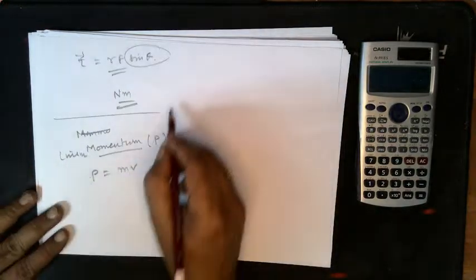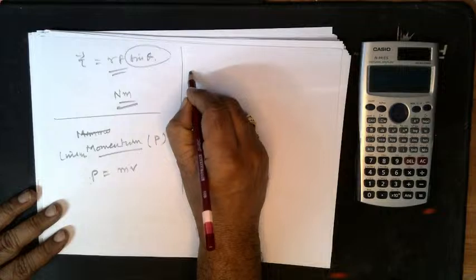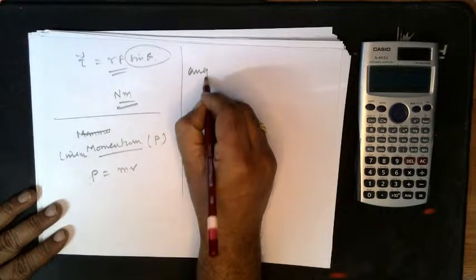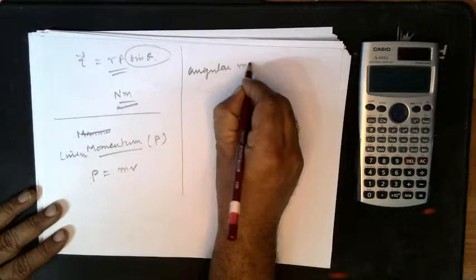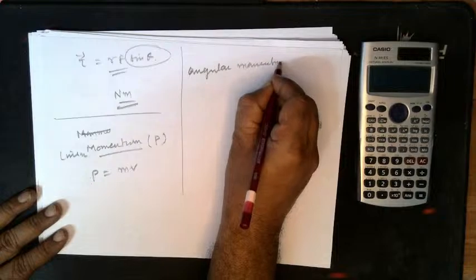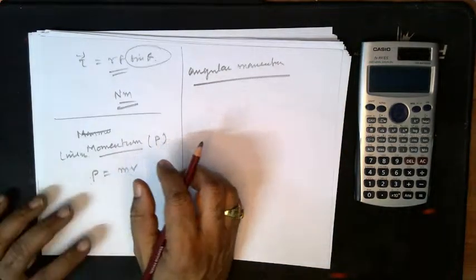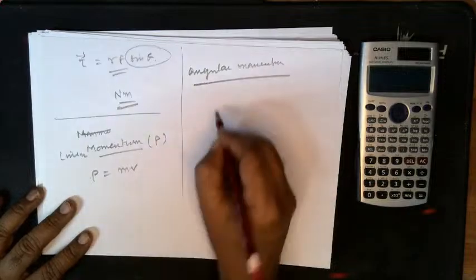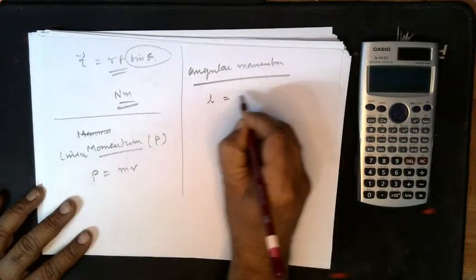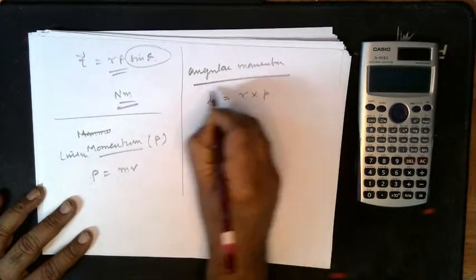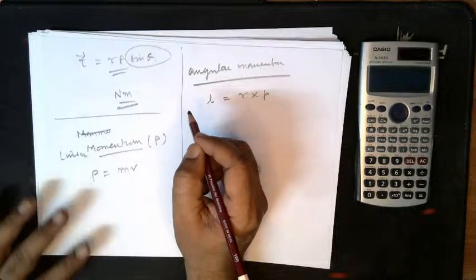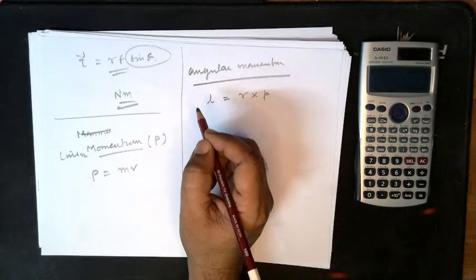So in the case of angular momentum, take down angular momentum. That is given as L is equal to R cross P, where L is also a vector, that is the angular momentum.